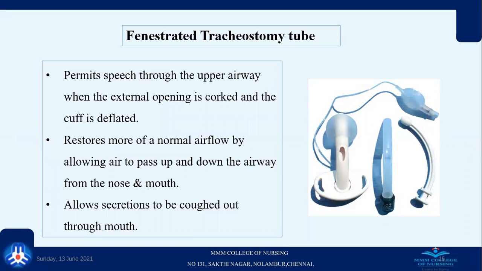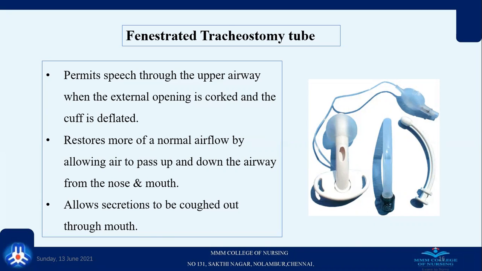The third one is the fenestrated tracheostomy tube, which has a hole over the tracheostomy tube, which permits speech through the upper airway when the external opening is covered and the cuff is deflated. It restores more of a normal airflow by allowing air to pass up and down the airway from the nose and mouth.